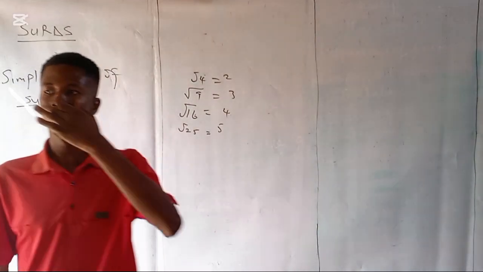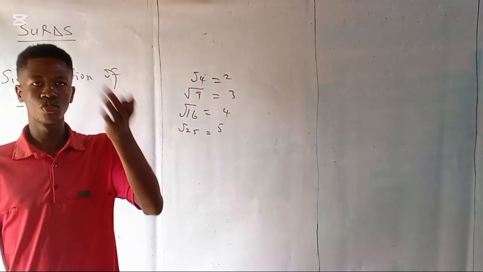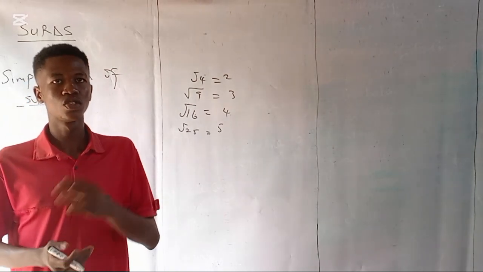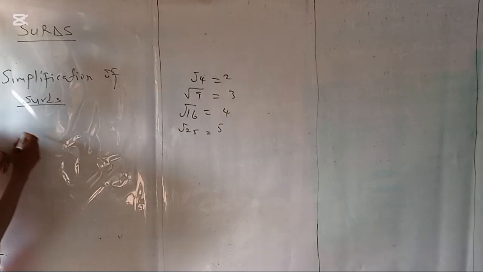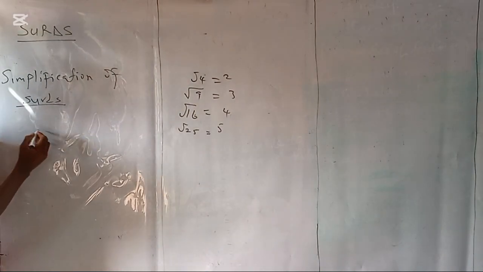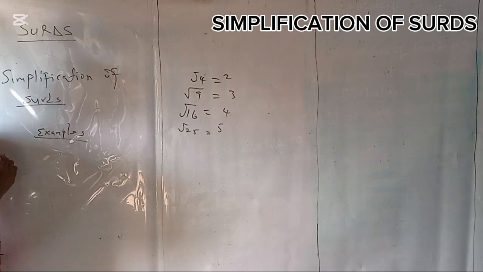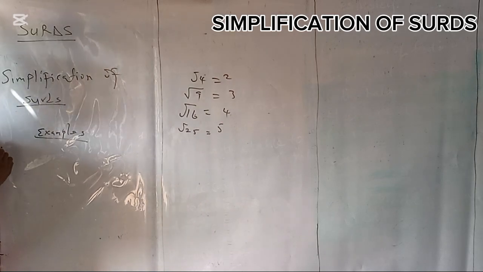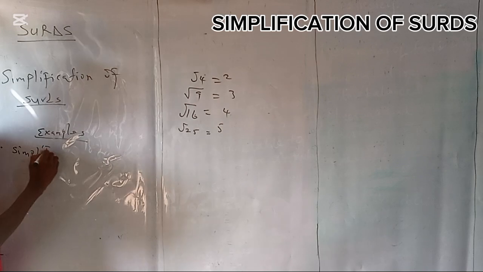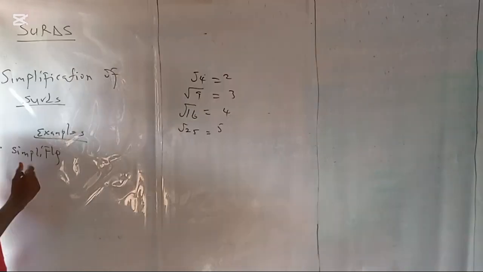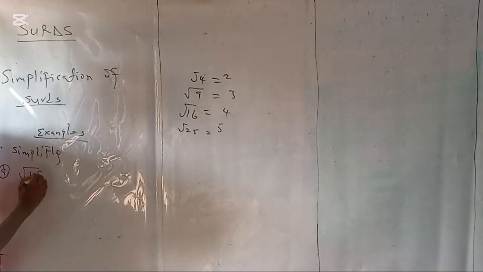Now I'm going to solve some problems. Examples. Question one: simplify. A, root 45.